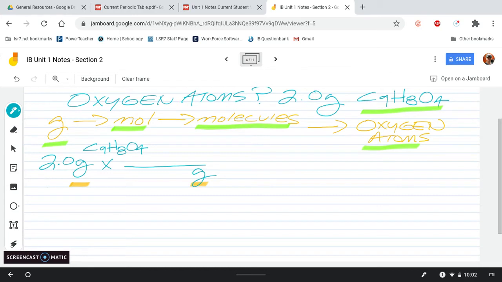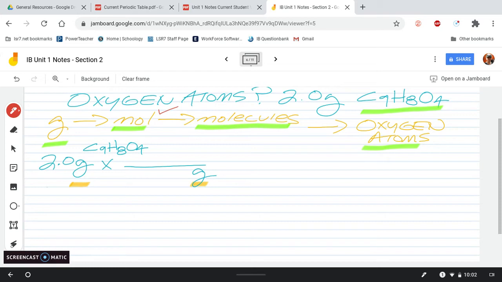Okay, so what goes on top? Well, what we want? Well, we want oxygen atoms, but as you can see, this one's more complicated, and I can't go directly to what I want. So I'm going to go to moles. And so here's a good place to do a little bit of learning. Every conversion factor is probably going to have the mole in it somewhere. So if you don't have moles somewhere, you're going to need it.